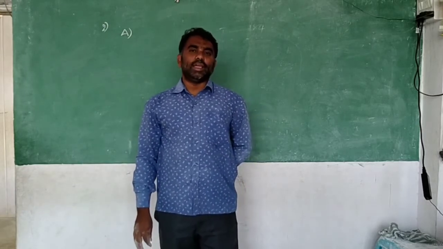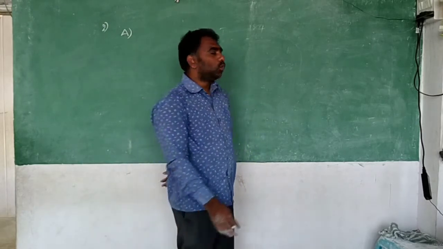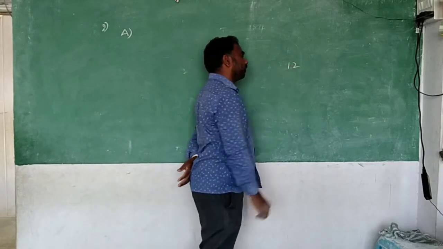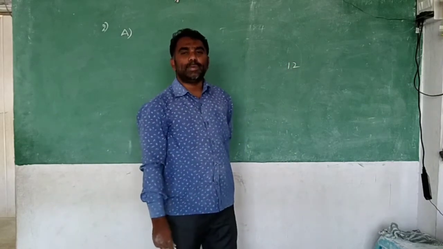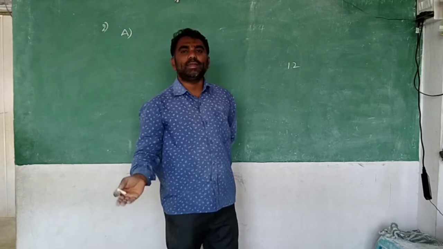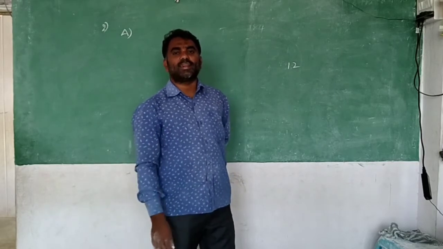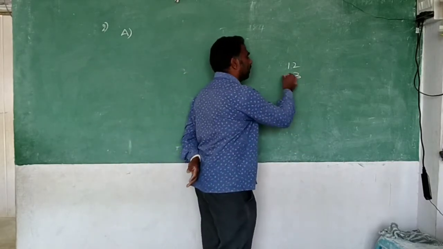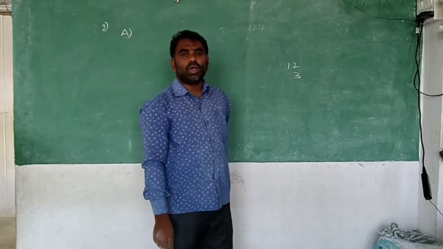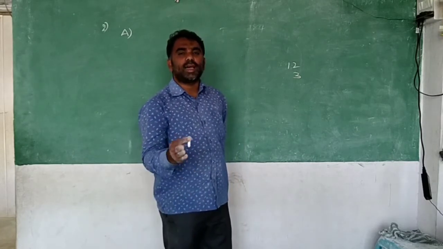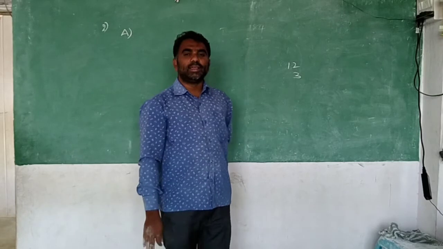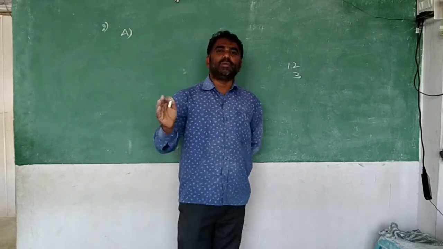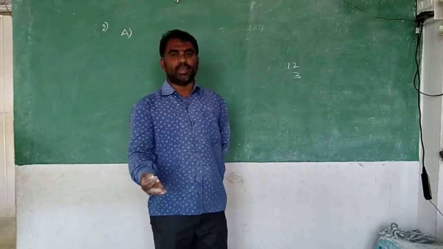Think of your classroom, where 12 members are there. After the break, 3 more members joined the class. Now, how many students are there in your class? Can you answer me? Before the bell, 12 members are here.